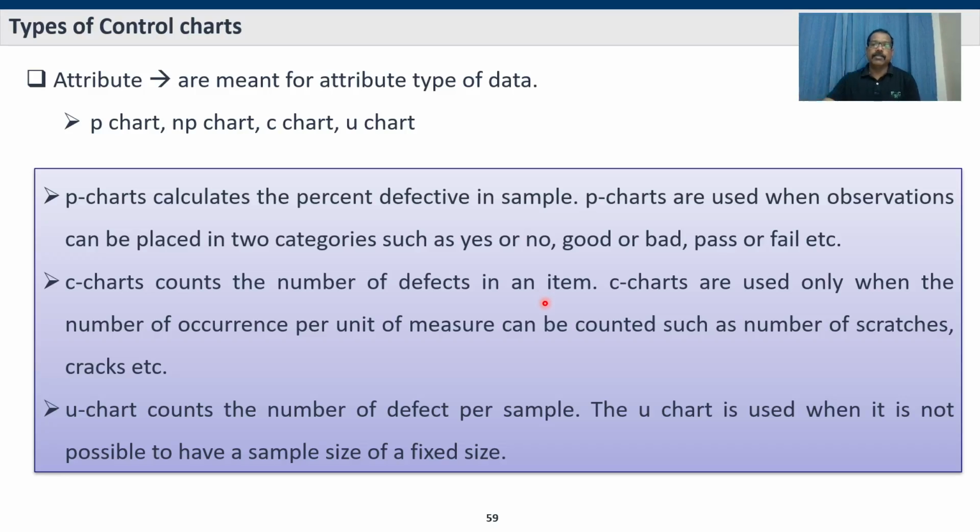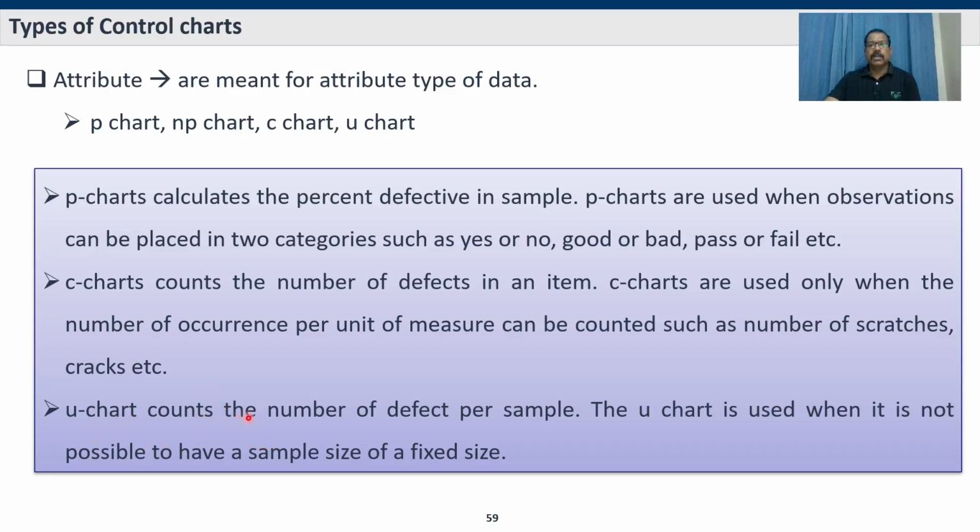C charts are used only when the number of occurrences per unit, means defects, can be counted, such as number of scratches, number of cracks. If we are able to count how many cracks or scratches are available, then we have to go with the C chart.